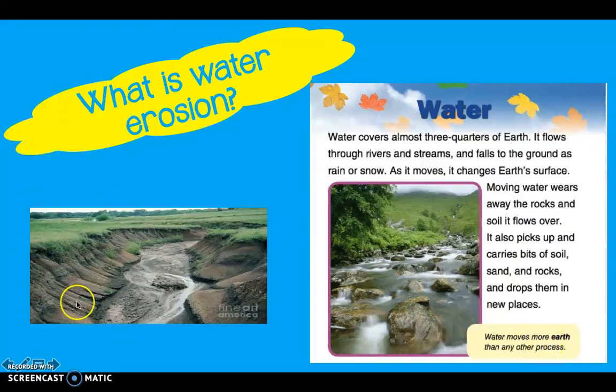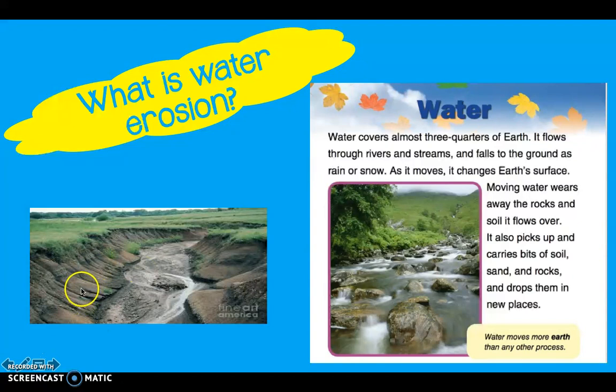Look at this picture here. Talk to your partner about how you think this happened. Then hit play when you're ready. What did you and your partner say about this picture? Well, there once was a lot of water in here, but over time, a lot of that water dried up, and some of it kept moving down and moving along, moving the bits and pieces of rock and sand with it.